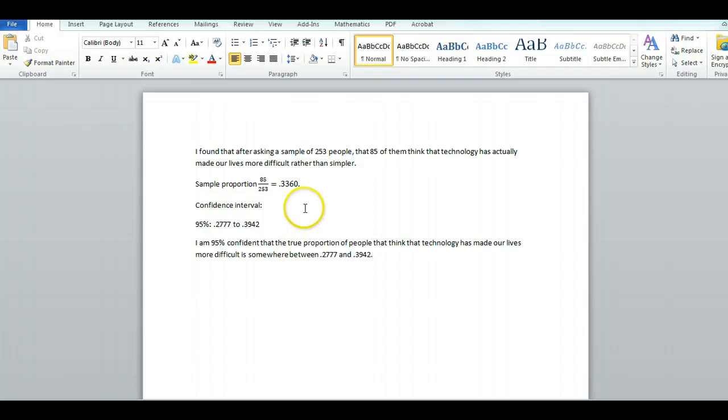You might notice in particular that the 0.3360, which was the actual sample proportion, is smack dab in the middle of this interval. So we are 95% sure that the true proportion is in between these two numbers, but again, with statistics, since we didn't collect from everybody, we have no idea what the actual truth is.